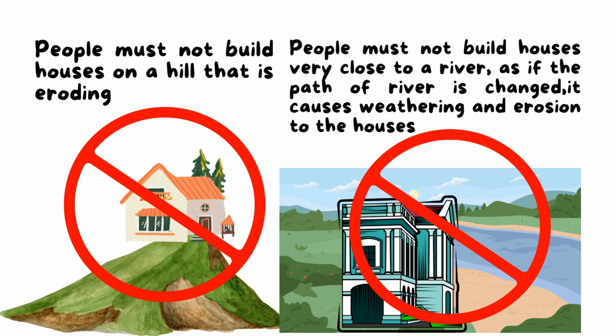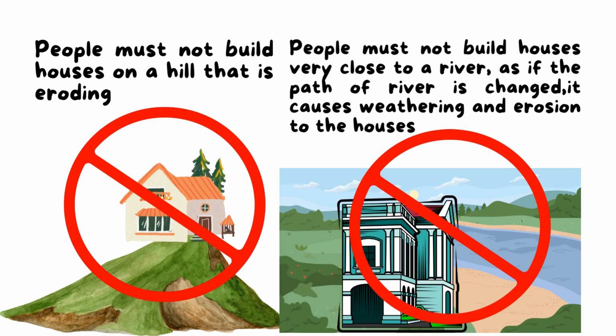Also, people must not build houses very close to a river. Why? As if the path of the river is changed, okay, as we know that all landforms change from time to time, yes? So if we build a house very close to the river, and this river path is changed, it causes weathering and erosion to the houses, okay?